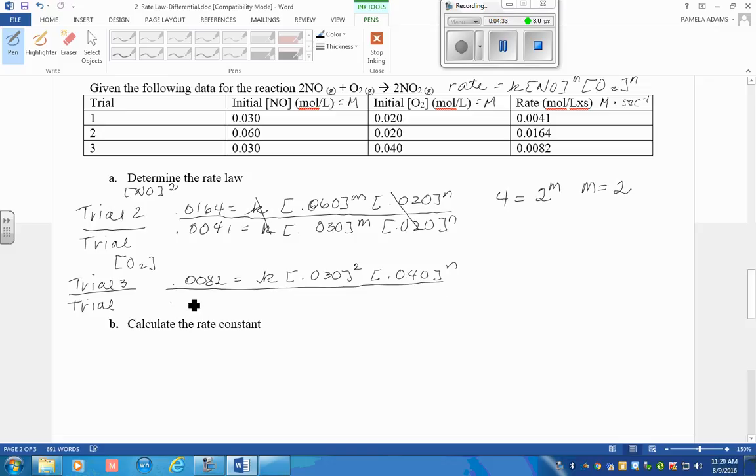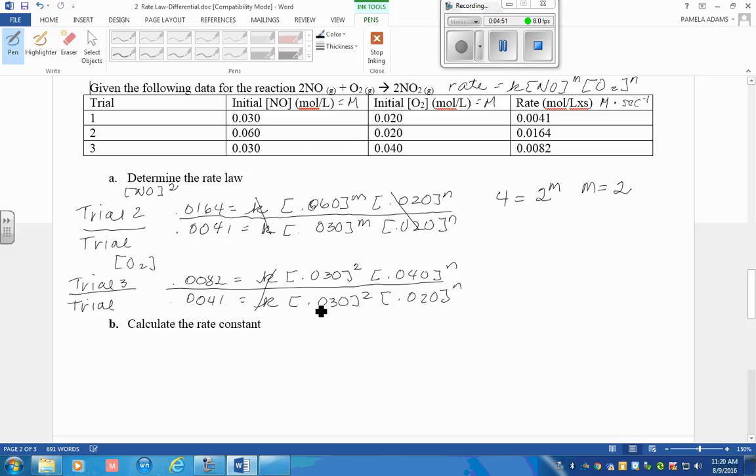And then trial 1 is 0.0041 is equal to the rate law constant times the concentration of NO raised to the second power times the concentration of O2 raised to the nth power.